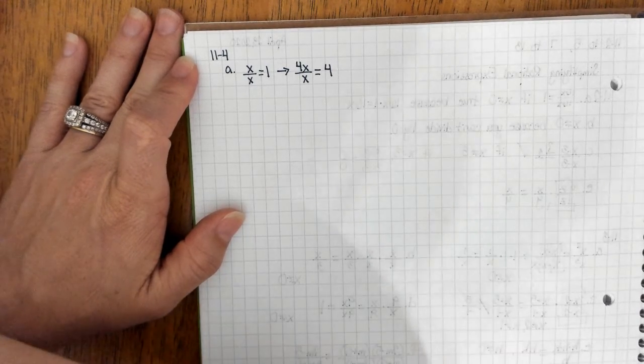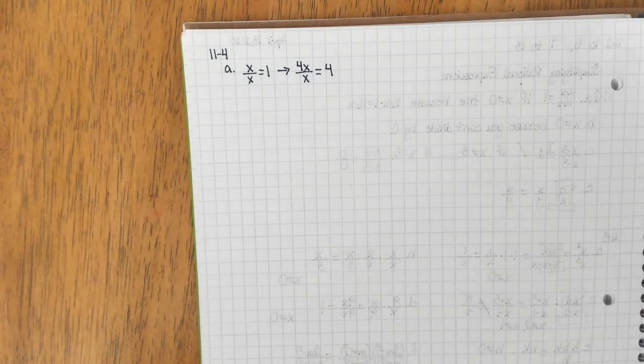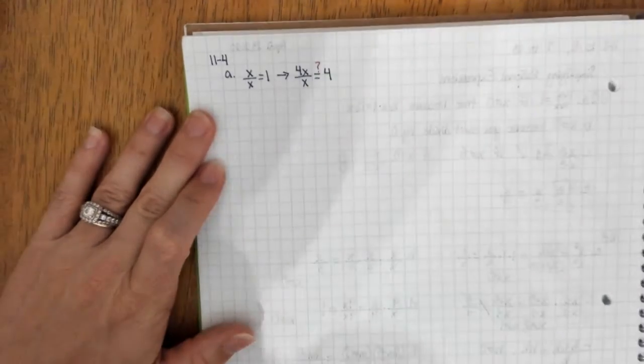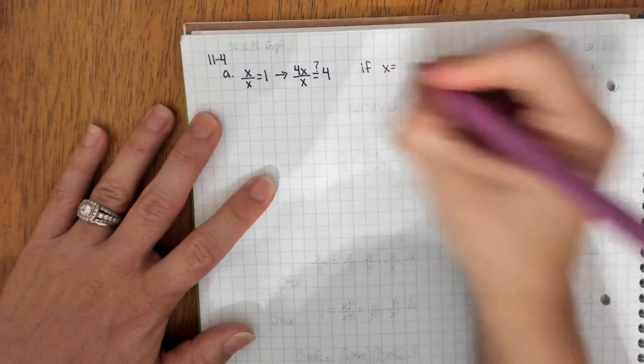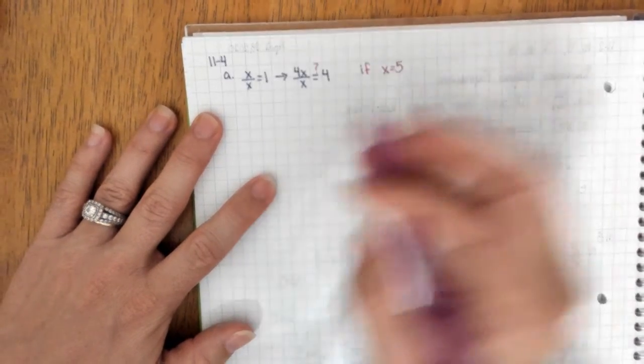Is that true? It says substitute 3 values of x into the original expression to justify your answer. So we're going to plug numbers in for x. We can't do 0, but we can do any other numbers.